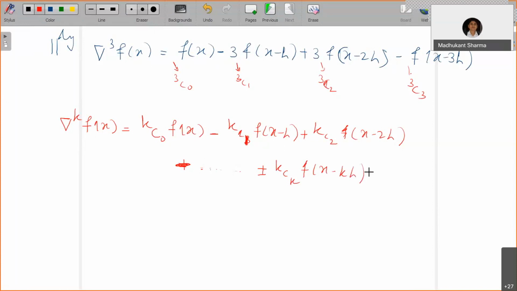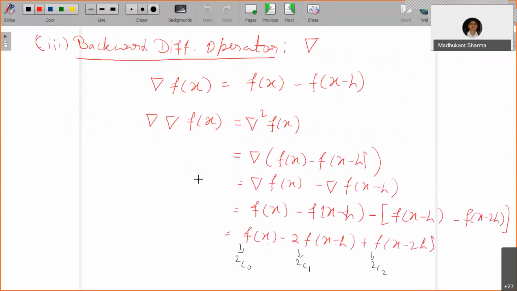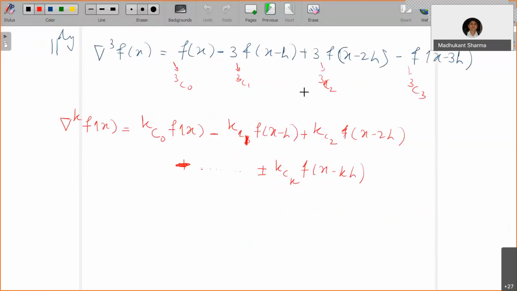So for odd order backward difference, you end with a minus sign. If you have even order delta, you end with a positive sign. So odd and even.